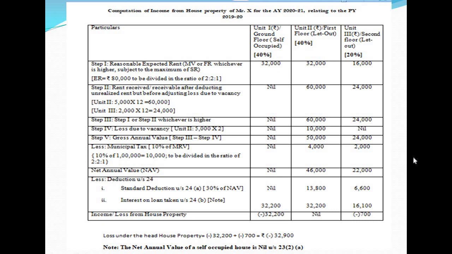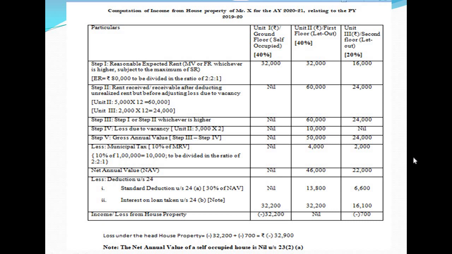For the first unit, we need not do anything because under the Income Tax Act, the net annual value of a self-occupied house is nil. For the second unit, we divide this 10,000, which is the municipal tax, in the ratio of 2:1. So the municipal tax for the second unit will be 4,000, and for the third unit, 2,000.